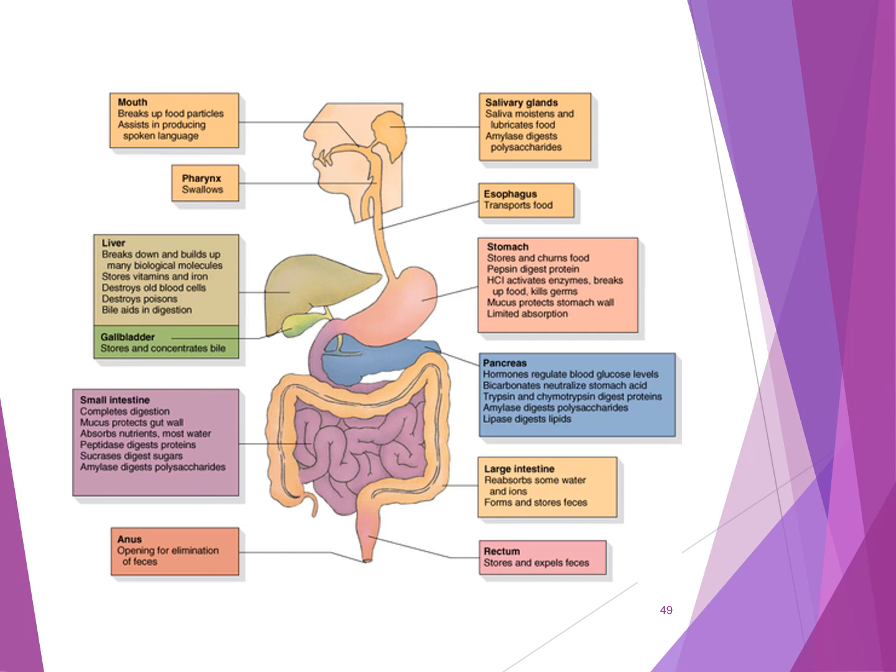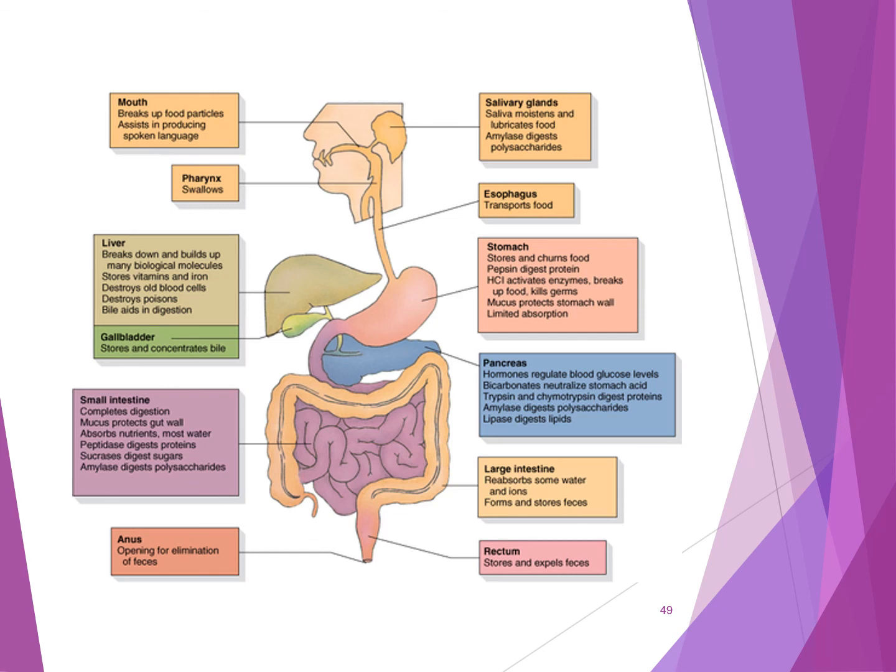So remember, enzymes are basically chains of amino acids that have been folded into functional proteins, and they act as something called catalysts. And catalysts are enzymes that speed up specific chemical reactions. So without them, things would happen a lot more slowly.